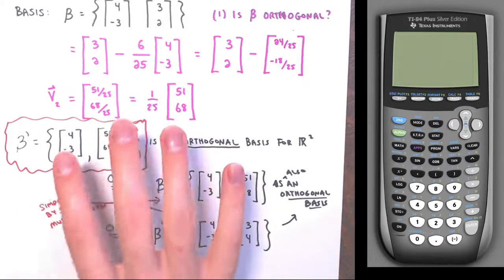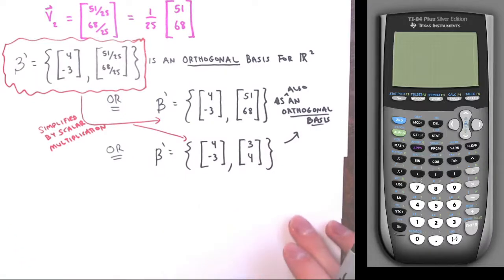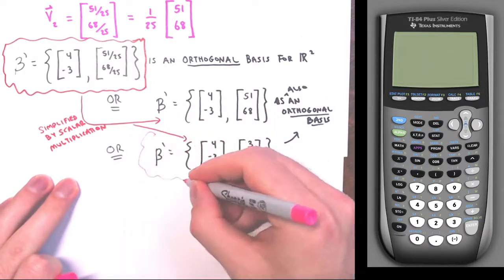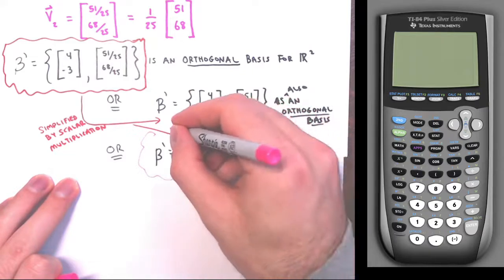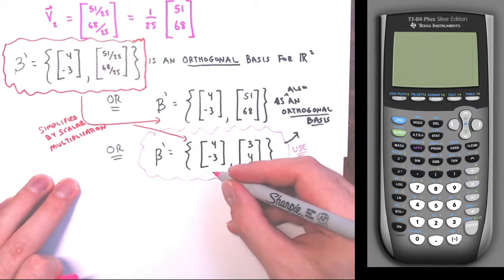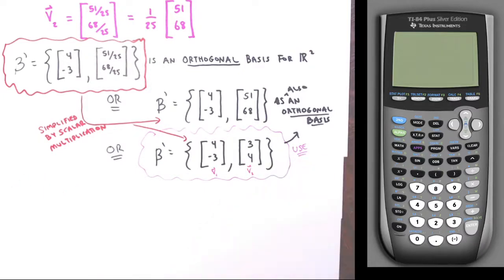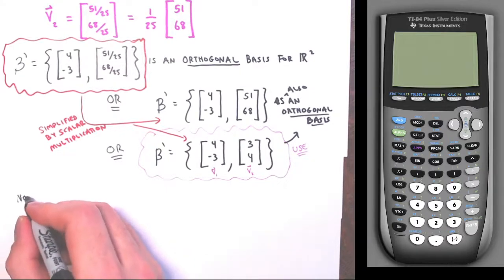So there's an orthogonal basis. Now we'll find an orthonormal basis. Like I said, I'm going to use the nice one here, with the vectors 4, negative 3, and 3, 4. I'm going to use this and normalize. So let's call this V1 and V2 now. So now just normalize.